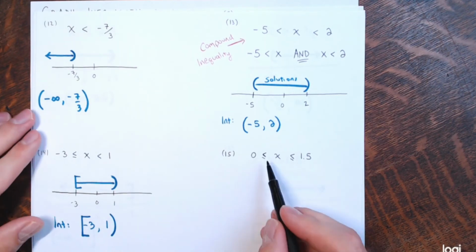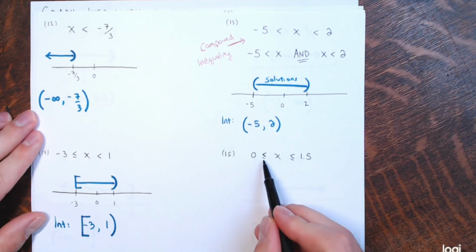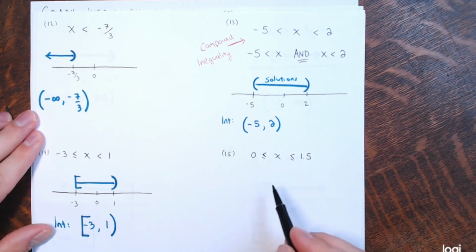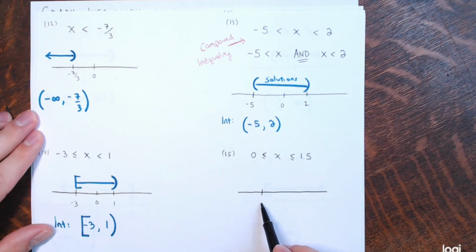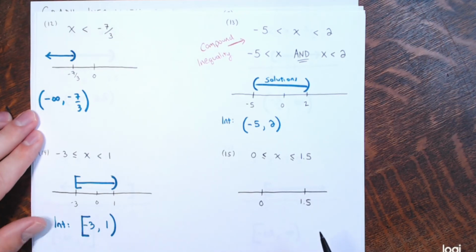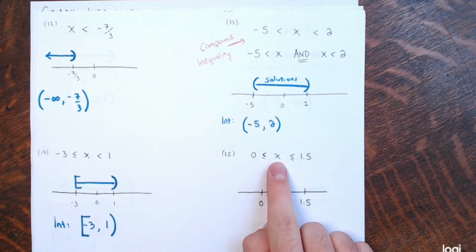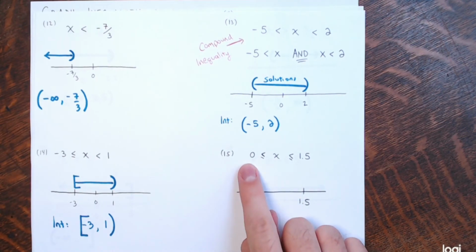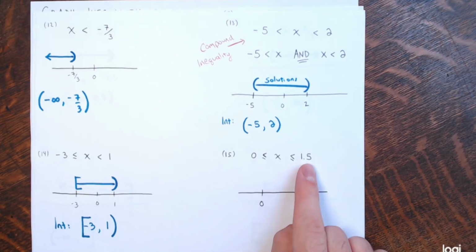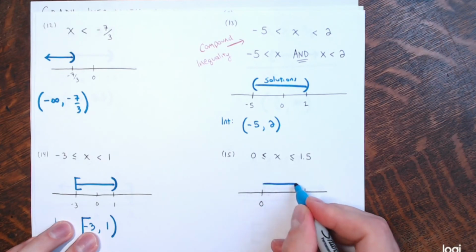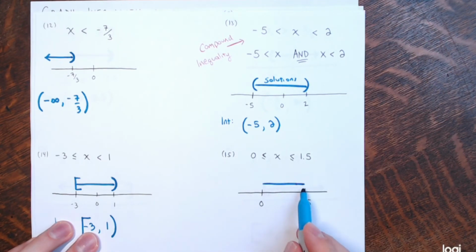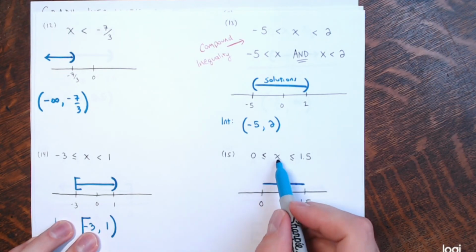And notice how this one is less than or equal to, less than or equal to. So here's 0, +1.5 is here, and we're looking for the numbers that are greater than or equal to 0 and at the same time less than or equal to 1.5. Well, that's all the numbers in between 0 and 1.5, right? Those are the numbers that satisfy both, including both 0 and 1.5. 0 satisfies both.